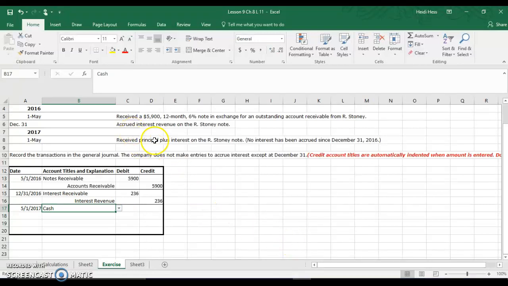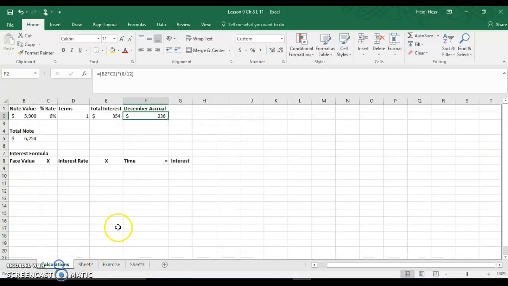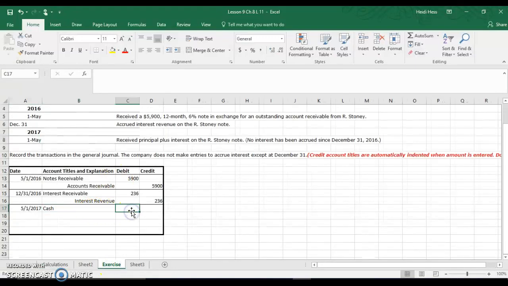Now, we've received the principal plus interest in cash, so we've got the total note value of $5,900 plus interest of $354, and that equals $6,254. So we're going to go ahead and put $6,254 as a debit to cash.